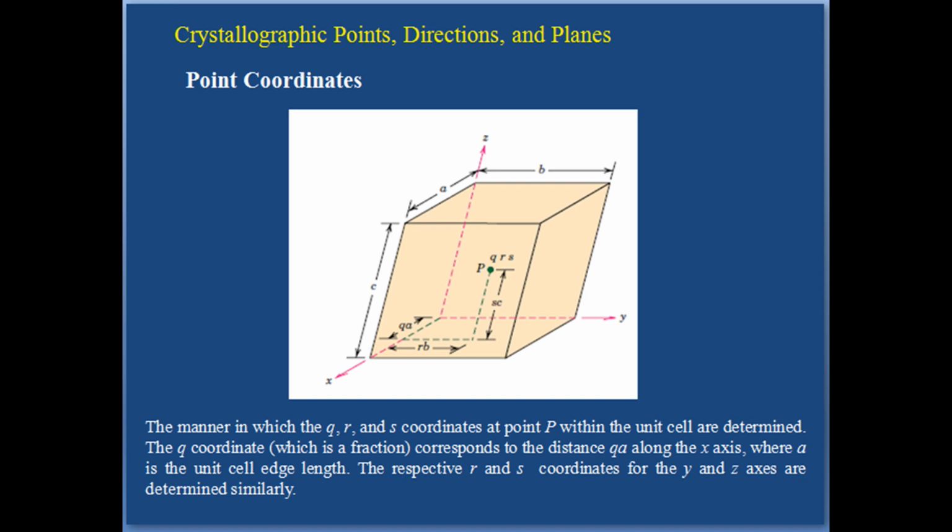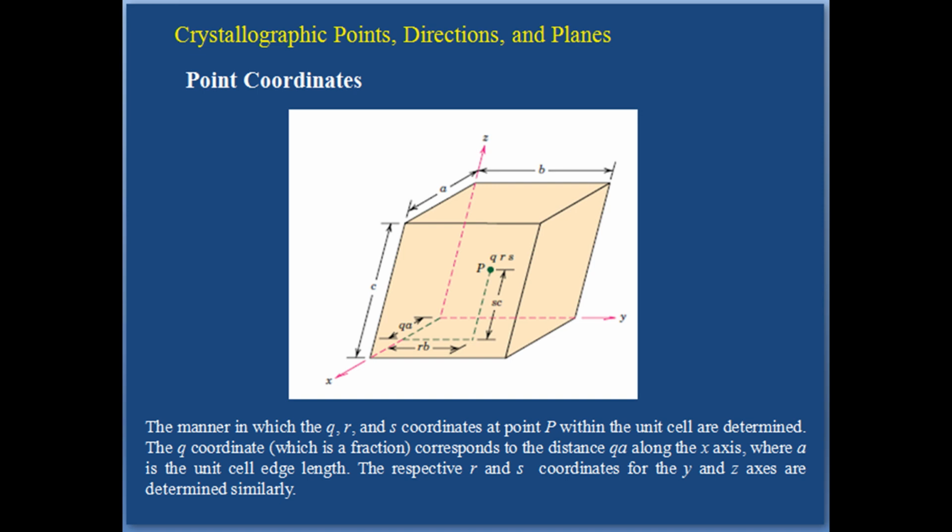Labeling conventions have been established in which three numbers or indices are used to designate point locations, directions and planes. The basis for determining index value is the unit cell with a right-handed coordinate system consisting of three x, y and z axes situated at one of the corners and coinciding with the unit cell edges as shown in the earlier figure.